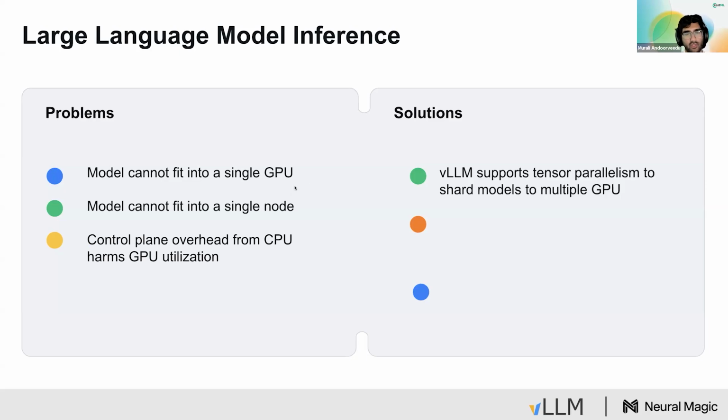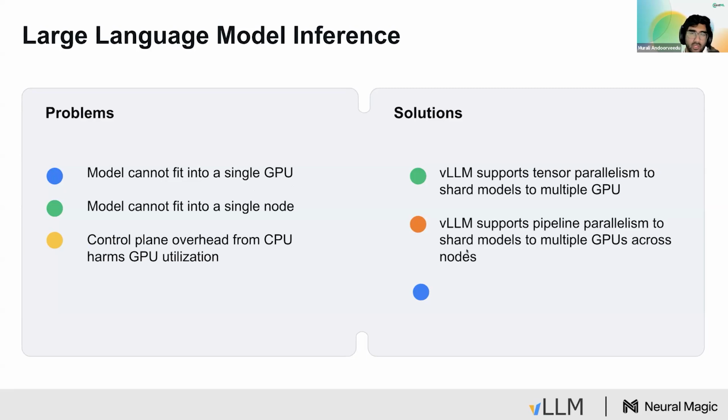The solutions that vLLM provides are tensor parallelism, primarily to shard within a single node, pipeline parallelism, to shard models across multiple nodes, and we have also put a lot of work into the control plane of vLLM to optimize the CPU side overhead as well. There are also some other things that we can get out of doing this distributed inference. One of those things is decreased latency, and I'll touch on that a little bit later in the talk.